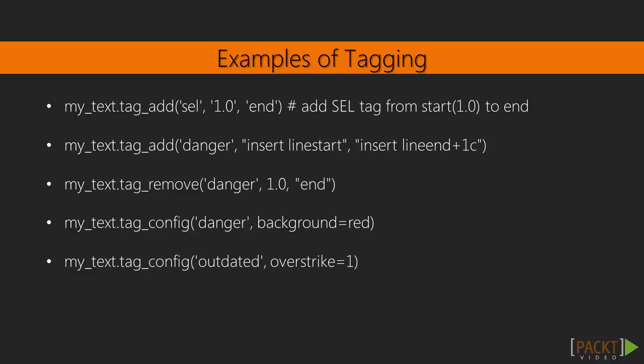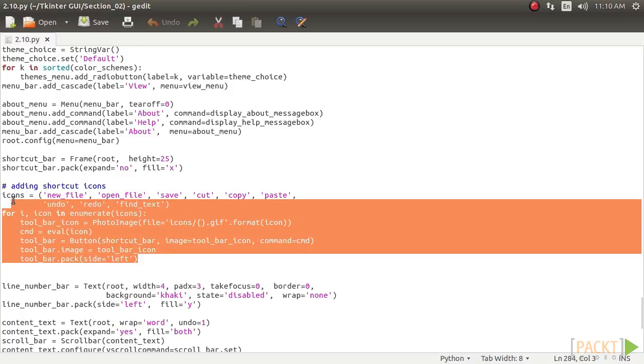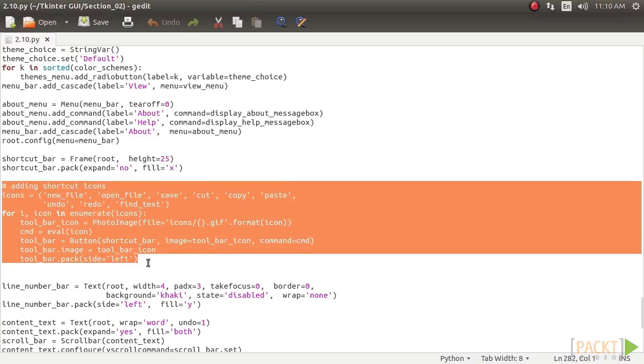Some examples of tagging are as follows. You can specify the visual style for a given tag with tag_config using options such as the following. For a complete reference of text indexing and tagging, type this command into the Python interactive shell.